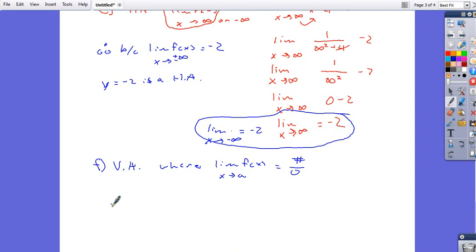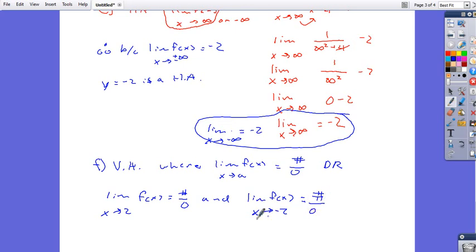Alright, so basically the limit as x approaches 2 of f of x gives you a number over 0, and the limit of f of x, we're talking about the original function here, as x approaches negative 2 gives you a number over 0.